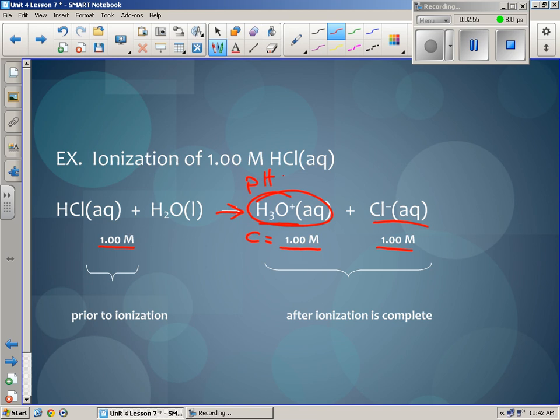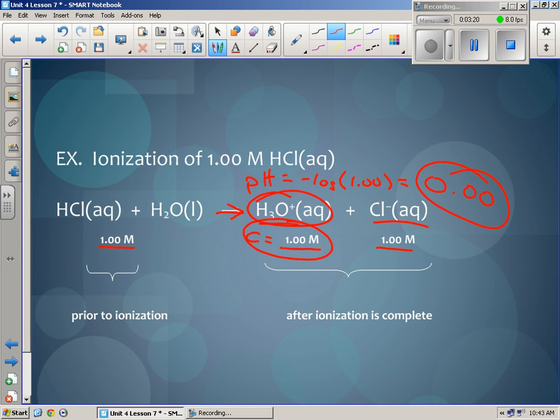And by the way, I could do this quite easily because I already have the concentration here. I take the negative log of 1, and I would get 0 for a pH for this particular acid. Done. Okay? All strong acids behave like that. You guys know that, correct? This is review. Yes? Okay.